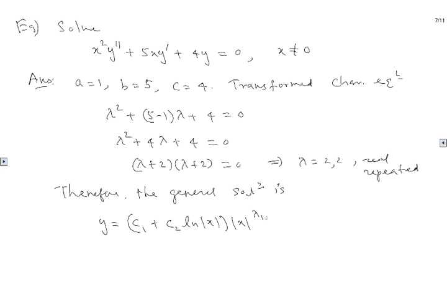What is lambda 1 here? So this is c1 plus c2 ln x times x to the lambda 1, which here is -2. This is for x not equal to 0. So that's what the general solution looks like for this Cauchy-Euler differential equation.